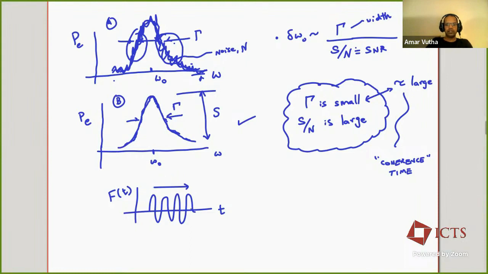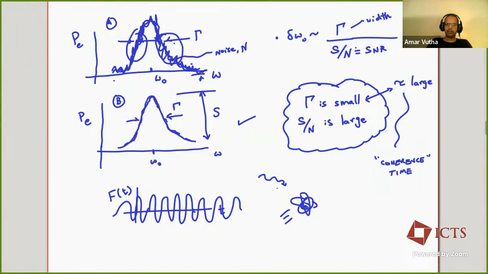Or it could be that what you thought you did was you had the field on for a very long time. However, you forgot that you were dealing with atoms, which are like little children, in that they don't stay in one place too long unless you do something drastic to them. And so you thought you were shining light on your atom, but your atom did what atoms do if you don't control them, which is it ran away. It escaped from your measurement region.